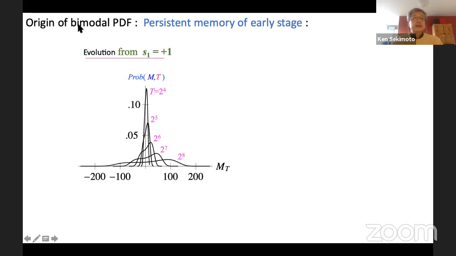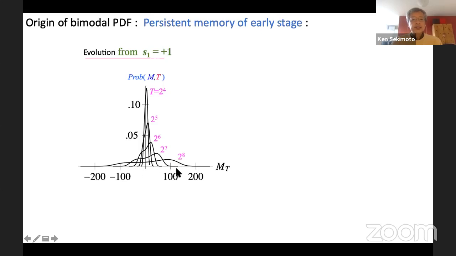In fact, the origin of the bimodal probability distribution function is a persistent memory of the early stage. If I start by fixing definitely the first spin up, then the evolution of the probability distribution shows the asymmetry up to the final process.